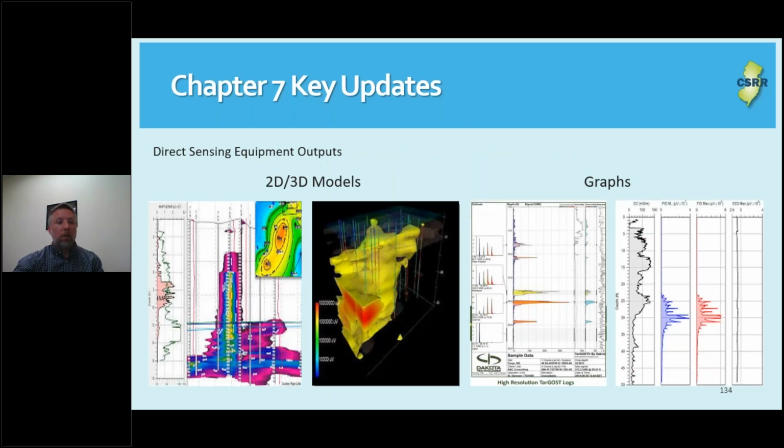As part of the overall direct sensing equipment, the examples that are provided here, from left to right, can provide outputs in both 2D and 3D, as well as provide graphical results.